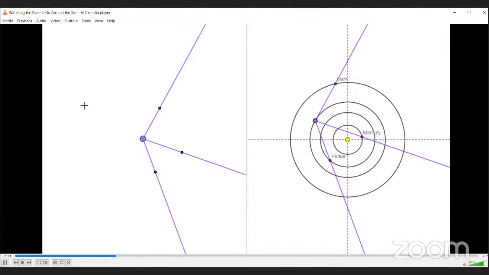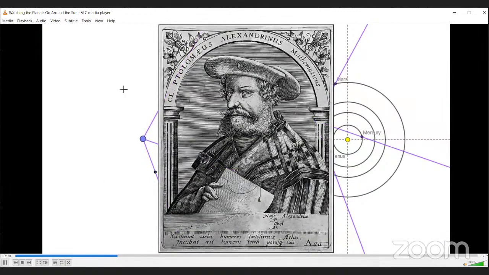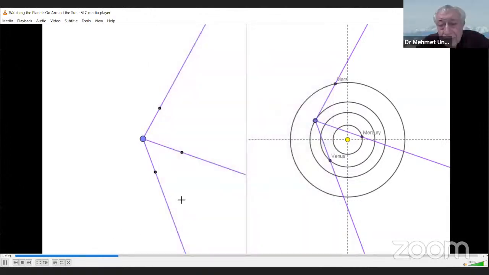this loop-the-loop kind of behavior was very puzzling, and a guy named Ptolemy came up with a system to try to interpret this. The way he did it was, he said that these planets are moving on circles that themselves are going around the Earth. So the little circles the planets are actually moving along are called epicycles, and so they're not really primarily going around the Earth.